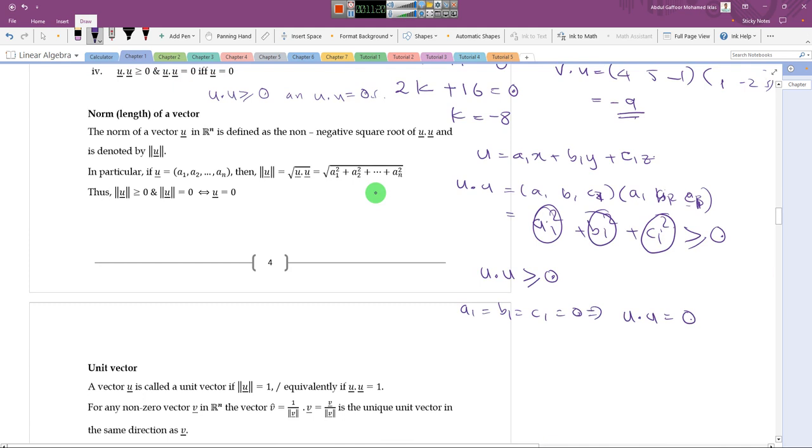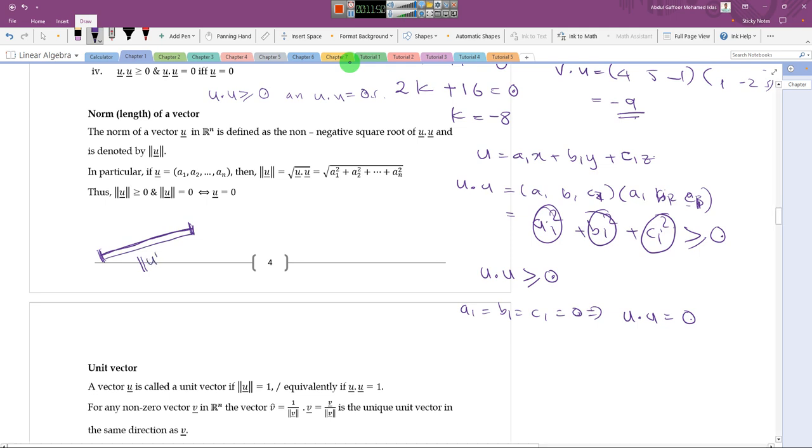Fine. Now we will go to the next point, which is norm or length of a vector. The norm of a vector is nothing but the length of a vector. If I denote a vector using a piece of line like this, this length is called the norm of the vector. We will denote it using two vertical lines.